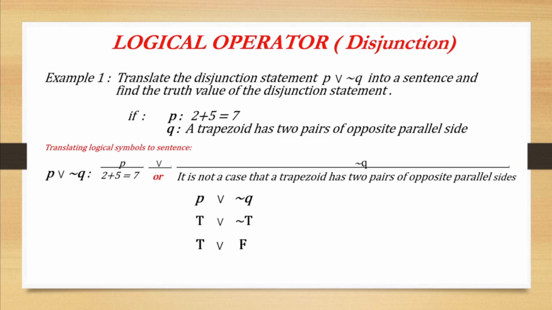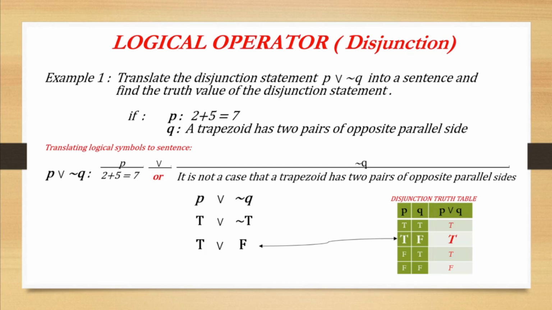Then the updated logical symbol with its truth value is true or false. Based on the disjunction truth table, when P is true and Q is false, the disjunction statement P or Q is true. Then we can say that the statement P or negation Q is a true statement.